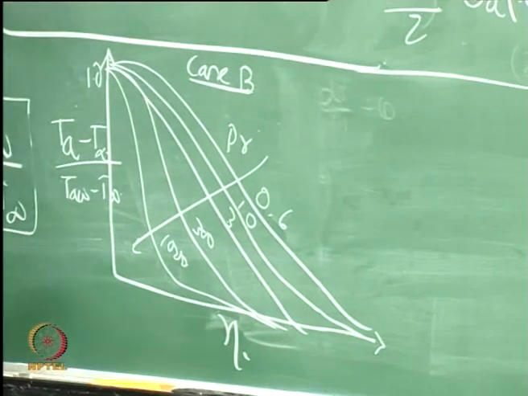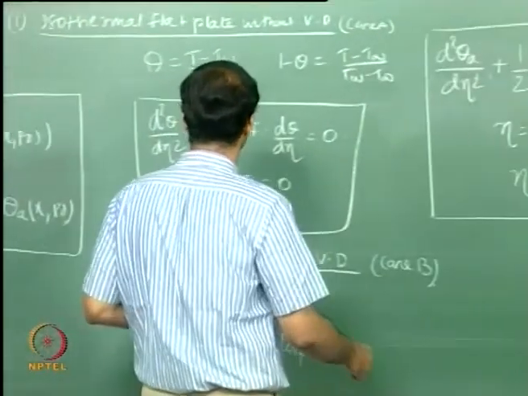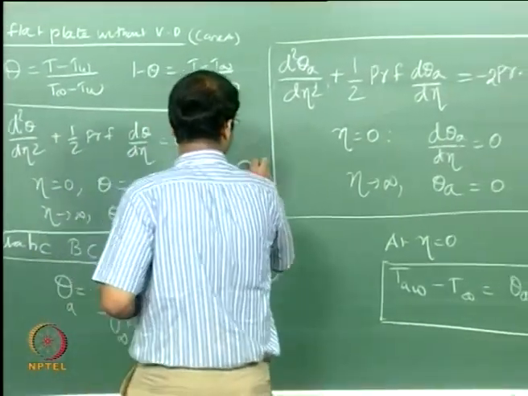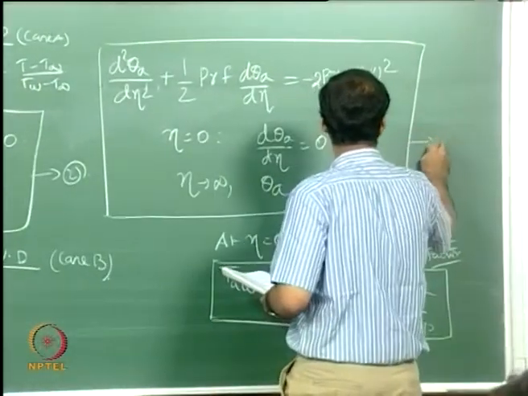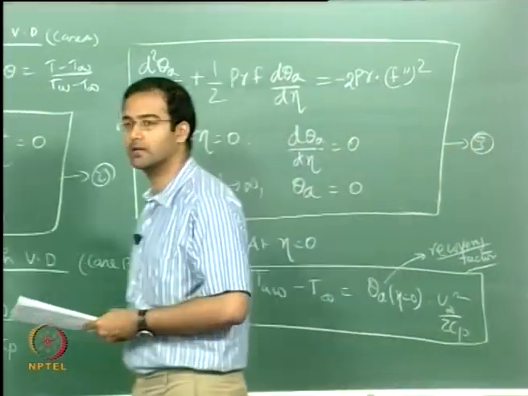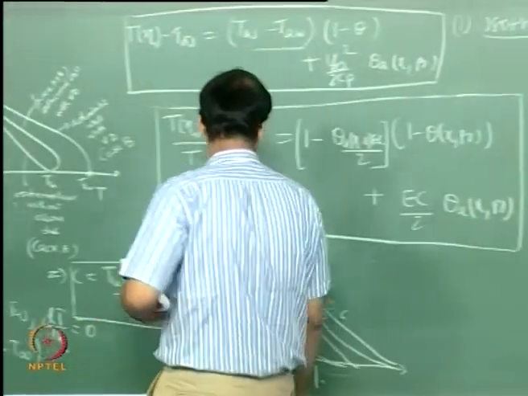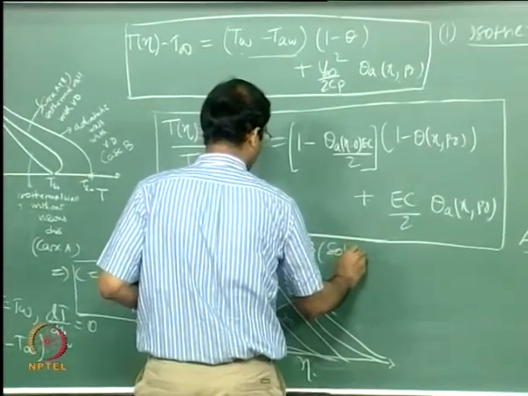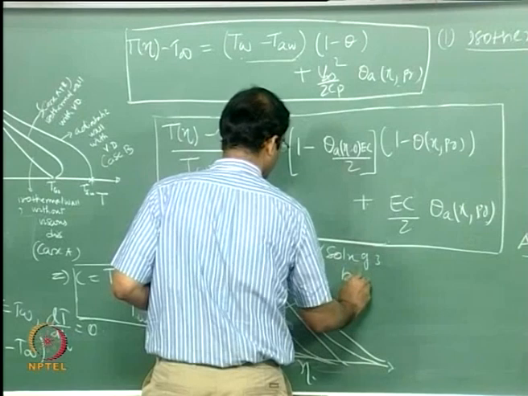Once you solve this, if you want to call this as number 2 and number 3, so if you solve 3 by shooting method, this is what you get finally. So this is coming from solution of 3.